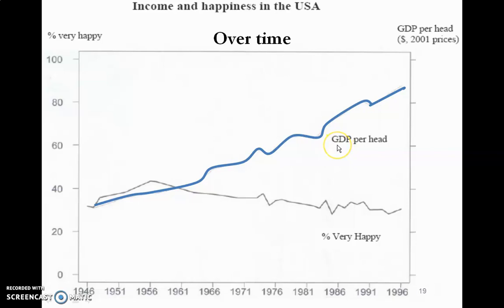Remember, inequality plays a big role. So GDP overall could have increased, but if only a few were getting very rich and the rest were getting poorer, then it does make sense that your proportion of people who were very happy would be declining.